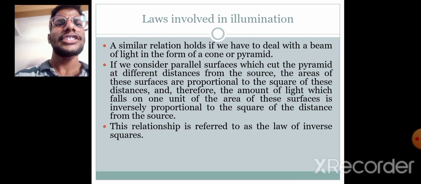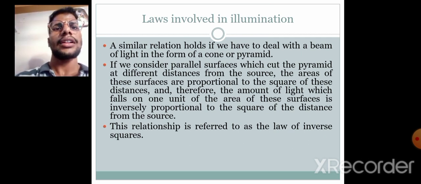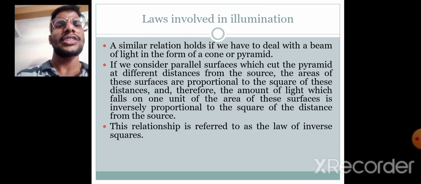A similar relation holds if we deal with a beam of light in the form of a cone or pyramid. If we consider parallel surfaces which cut the pyramid at different distances from the source, the areas of the surfaces are proportional to the square of the distance, and therefore the amount of light which falls on one unit of area of those surfaces is inversely proportional to the square of the distance from the source.